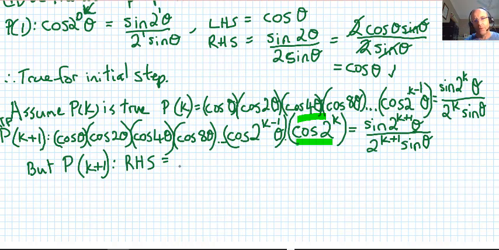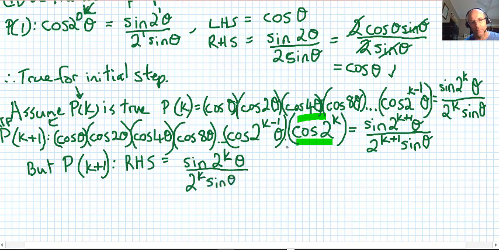So if we do the same to the right hand side, going from the line for P of k to the line for P of k plus 1, we have sine of 2 to the k theta over 2 to the power k sine theta, multiplied by the same thing on the other side, which is axiomatic.